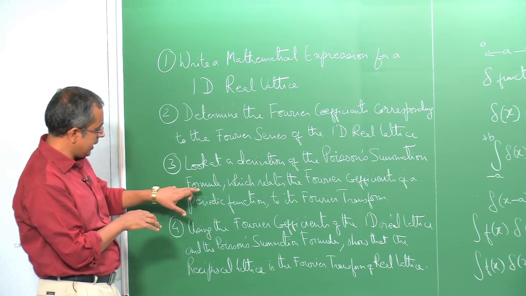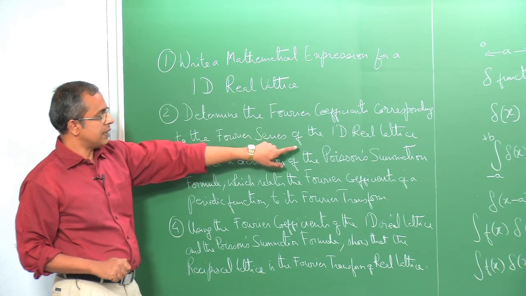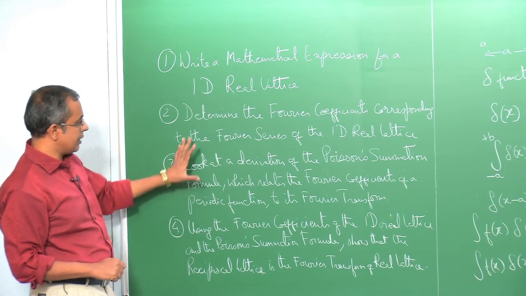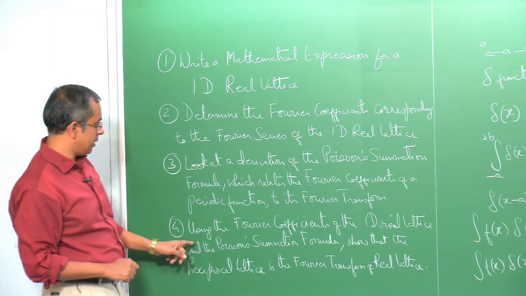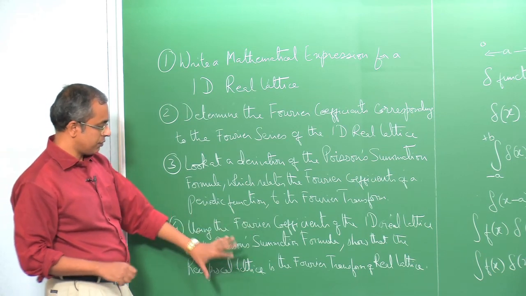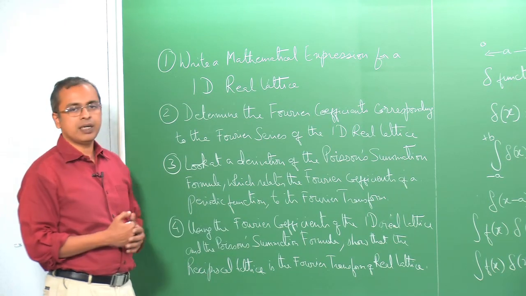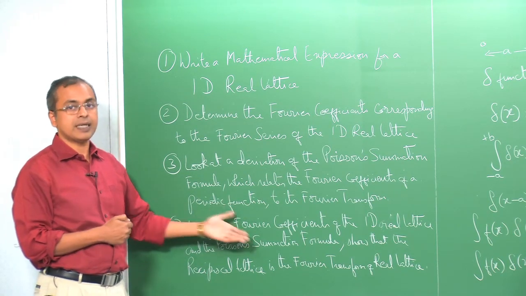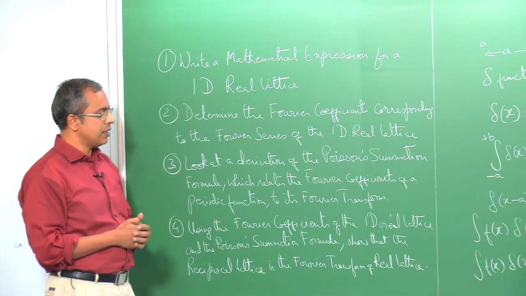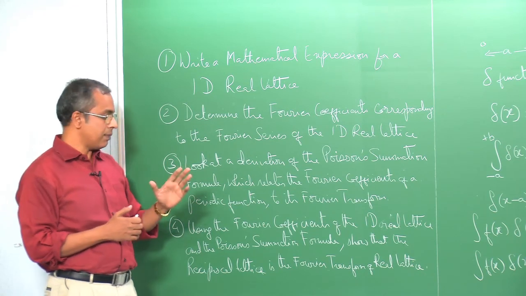Now, taking point 3 and point 2 together, we related the Fourier coefficients of the 1D real lattice to the Fourier transform of the 1D real lattice, and in that process we recognized that the reciprocal lattice is the Fourier transform of the real lattice. This shows how real lattice and reciprocal lattice are related as a mathematical entity.